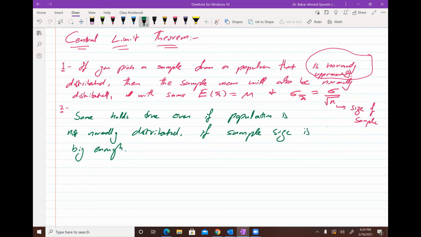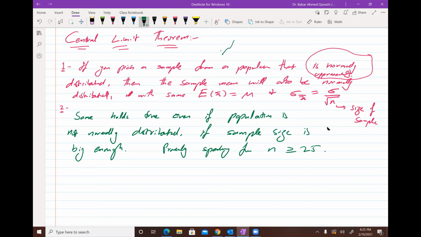And at 50, you will be hard pressed to find an original distribution which will not give you a sample mean whose distribution is normal. So practically speaking, for any n around 25, you can assume that the distribution of its sample mean will be normal.